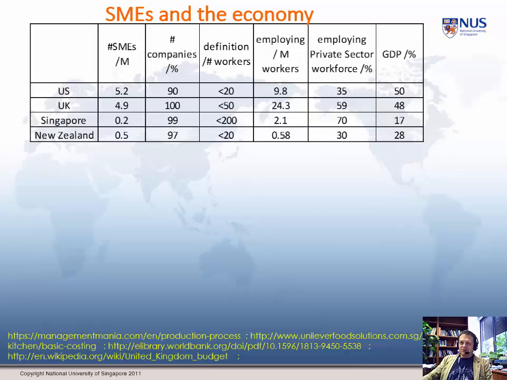First of all, I'd like us to think about the second column, the percentage of companies which are SMEs in the US economy, the UK economy, the Singaporean economy, and the New Zealand economy. Now, clearly there's an order of magnitude difference here. The US and the UK are very large economies, whereas Singapore and New Zealand are much smaller economies.